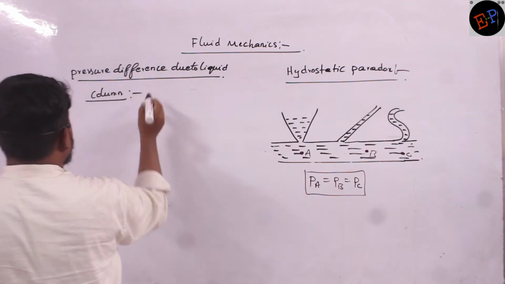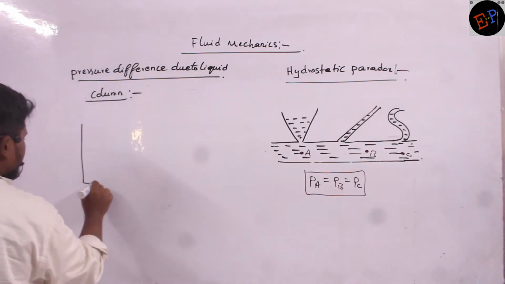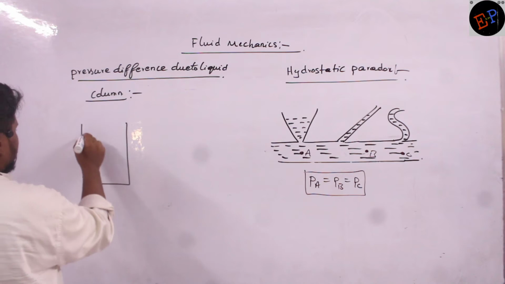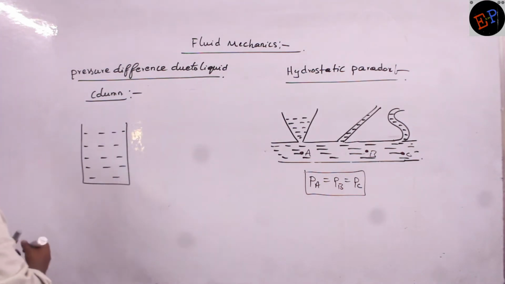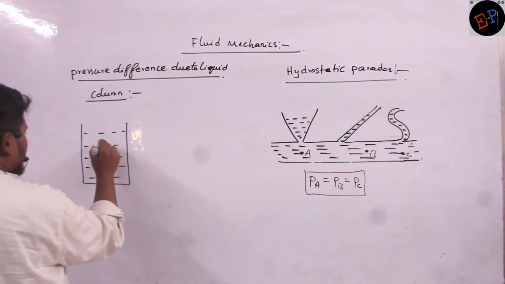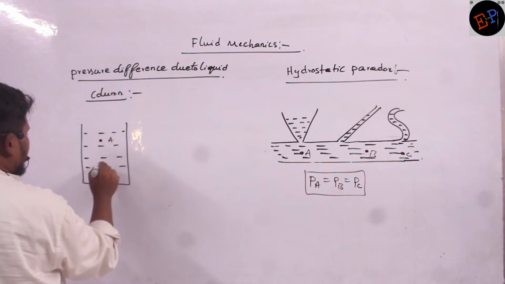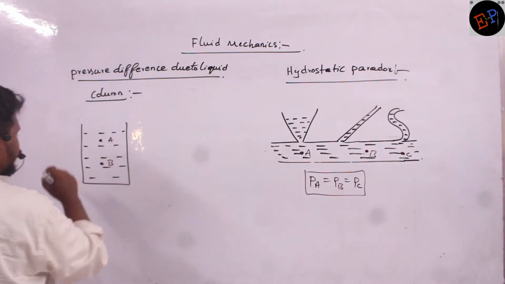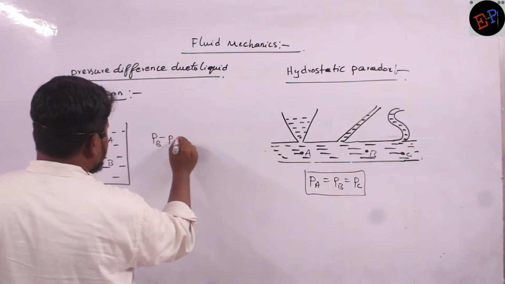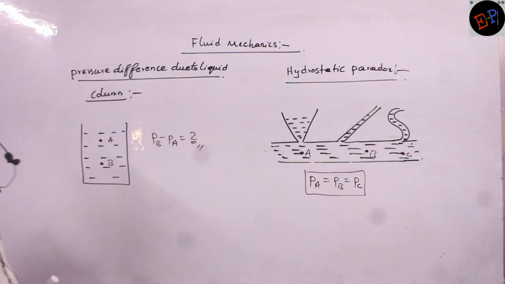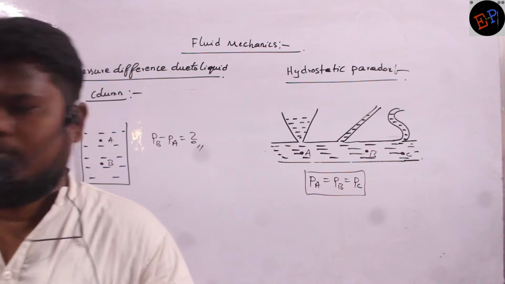See, consider this is some liquid, and I want to calculate the pressure difference between 2 points. For example, consider this is point A, and consider this is point B. So I want to calculate PB minus PA, the pressure difference between point A and point B.